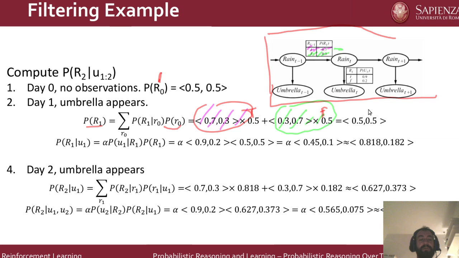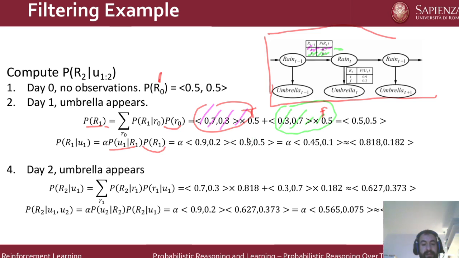So we let our system evolve from our initial estimate, and now we incorporate our new observation. What is the probability of the state at day 1 given that we have seen an umbrella? Well, we just multiply the observation function by our current estimate of the state. We do the same thing that we did here.